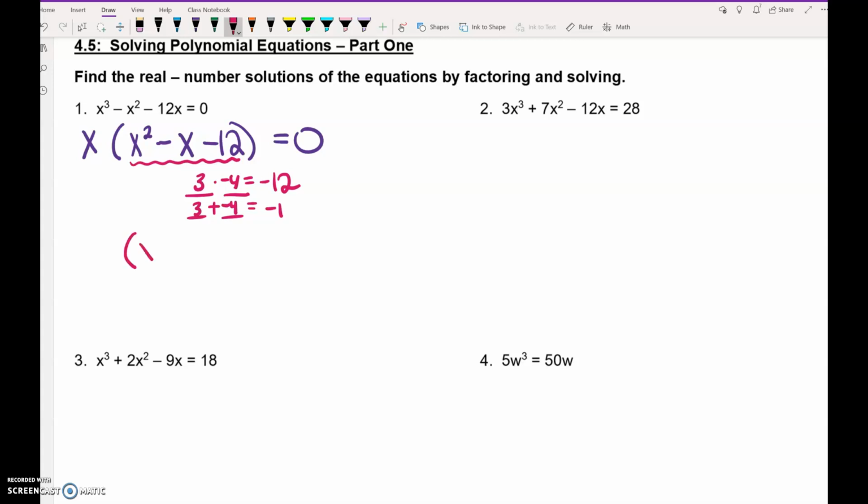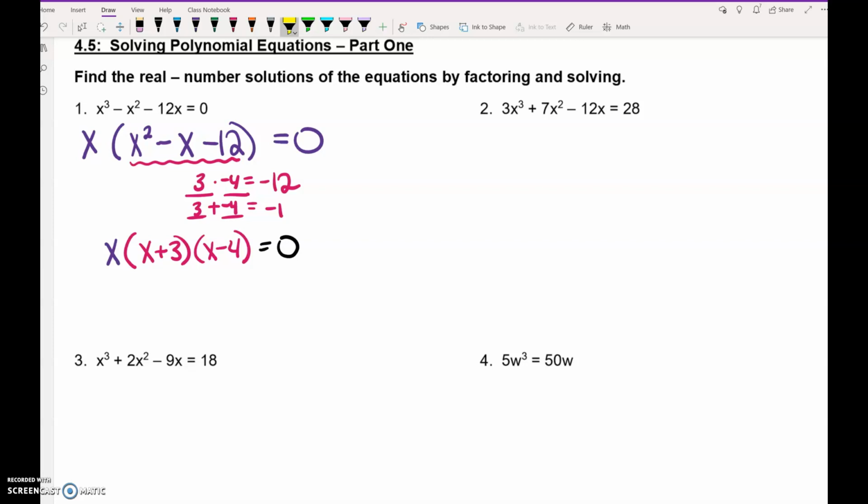So that part factors into x plus 3, x minus 4. We still have the x in front, and we have equals 0 at the end. That is fully factored. Now all we have to do is solve it.